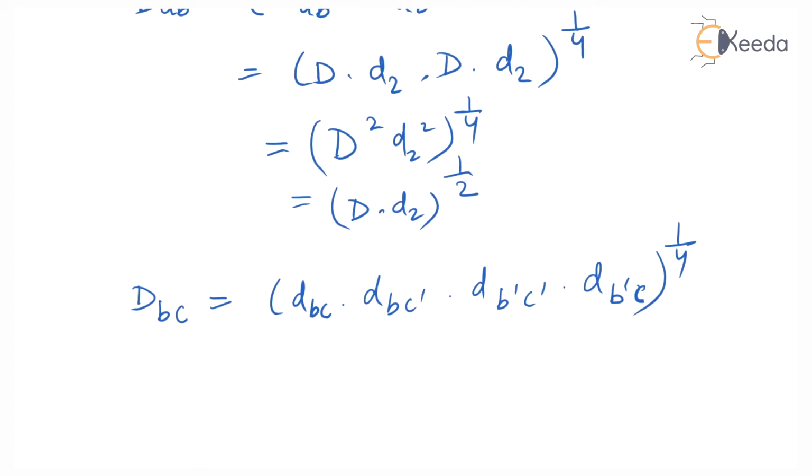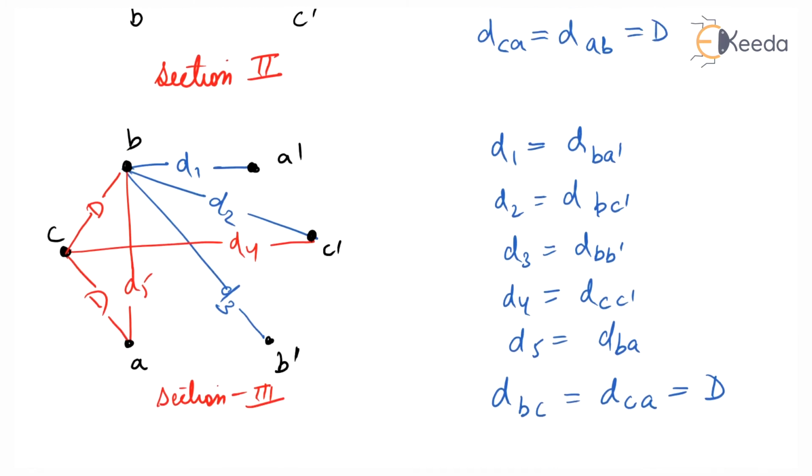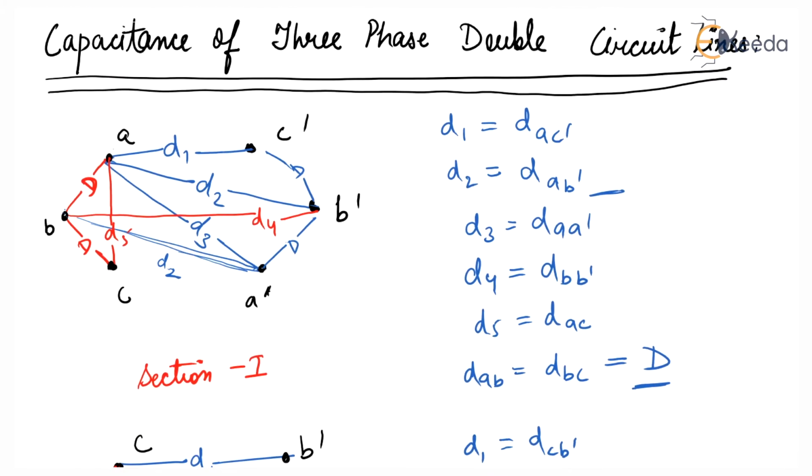For section 1, the distance from B to C is capital D. The distance from B to C dash is the same as the distance from A to B, so this is D2 only, and the distance from B dash to C dash is capital D.